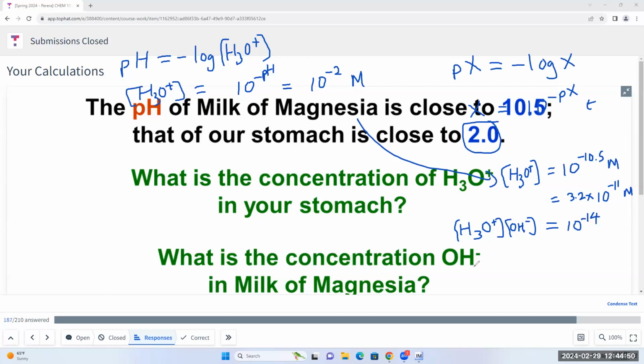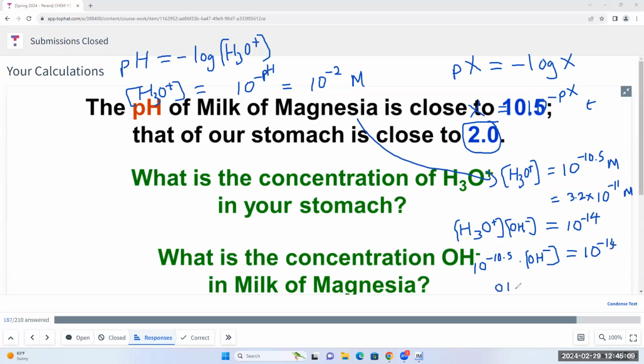H3O plus concentration is 10 to the power of minus 10.5, times OH minus concentration, is equal to 10 to the power of minus 14. I don't usually write this out, but I'll do this anyway.